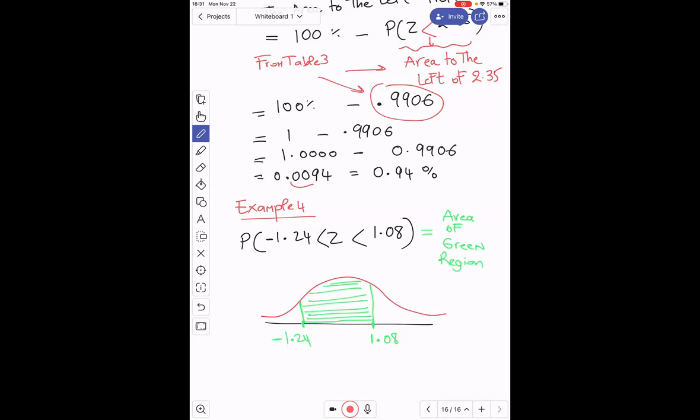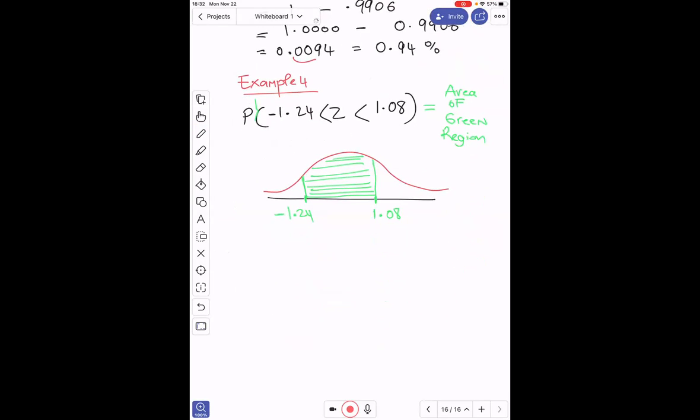And of course, the table in the formula sheet doesn't give you the area between two numbers. It gives you the area to the left of one number. So the question, of course, is how do we find the area of this region?